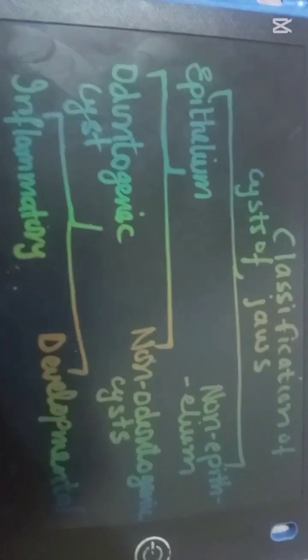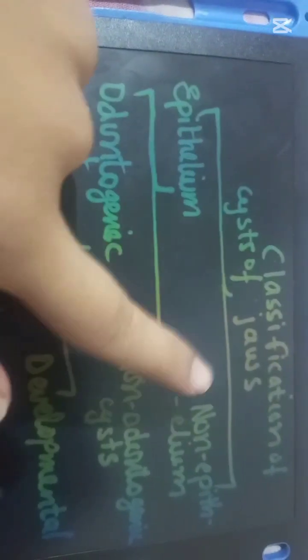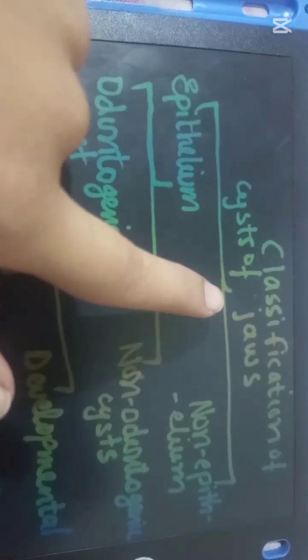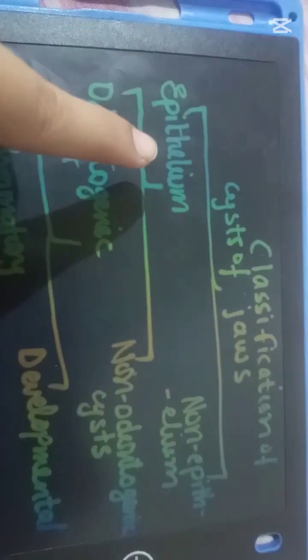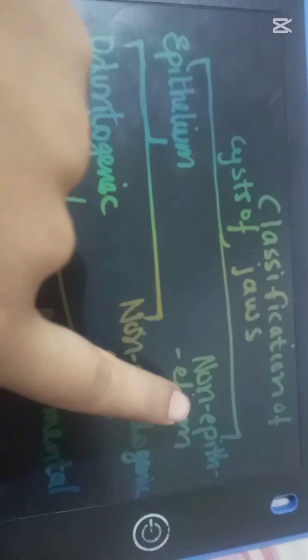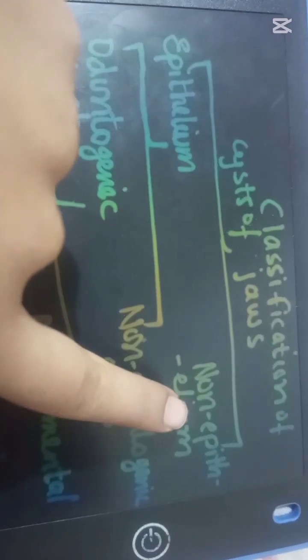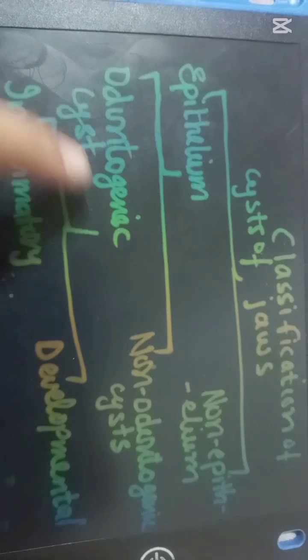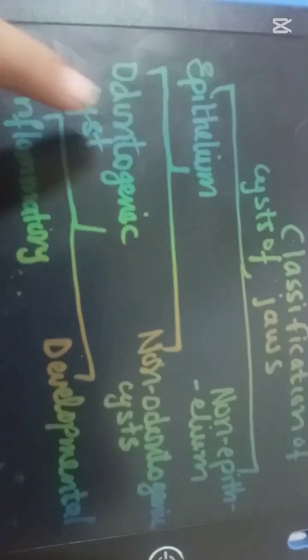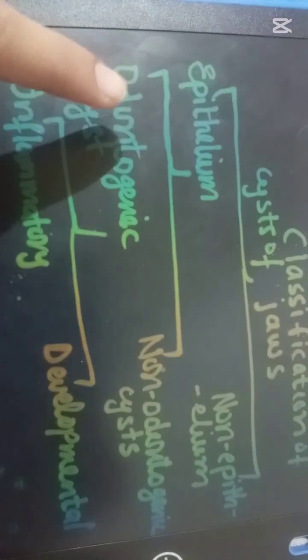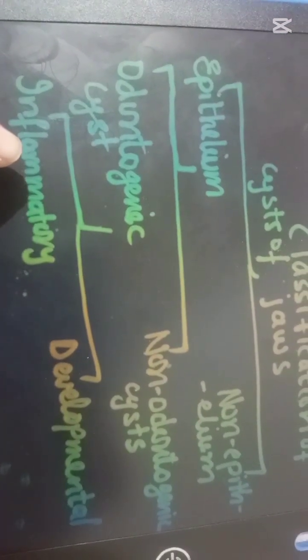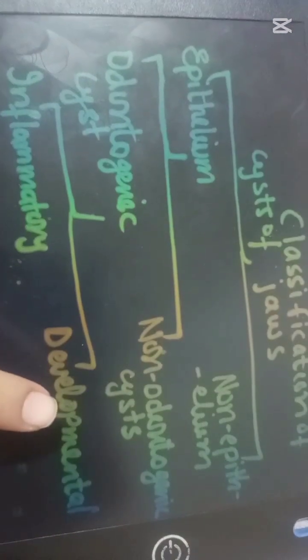Next, now we are studying the classification of the cyst. Let's start. Bismillahirrahmanirrahim. We will classify into epithelium and non-epithelium. In epithelium we have odontogenic cyst and non-odontogenic cyst, and in odontogenic cyst we have inflammatory cyst and developmental cyst.